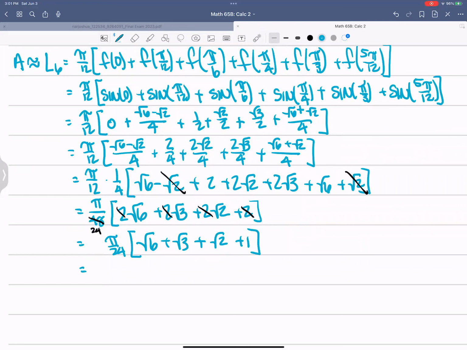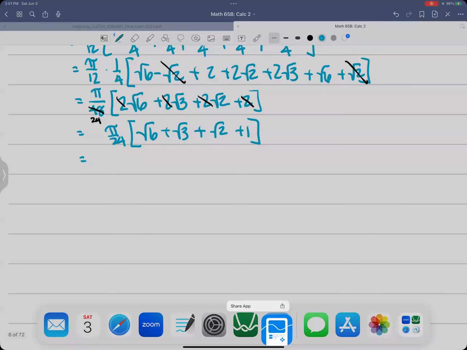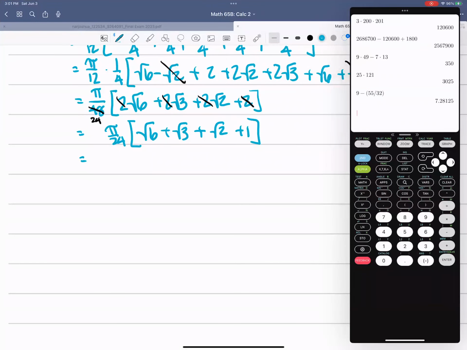All right, let's plug that into our calculator and see what we get. Pi over 24, multiplied by the square root of 6 plus the square root of 3 plus the square root of 2 plus 1.